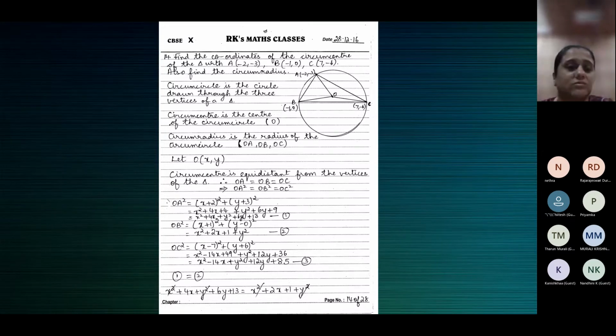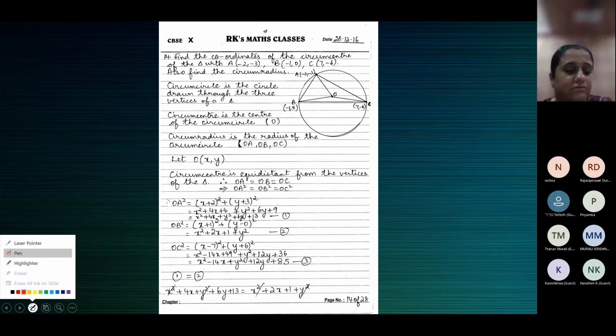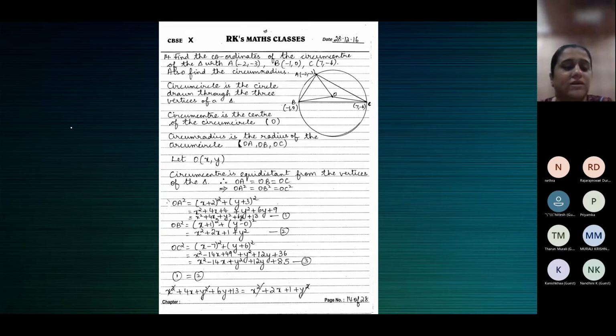The circle passing through the three vertices of the triangle is called the circumcircle.